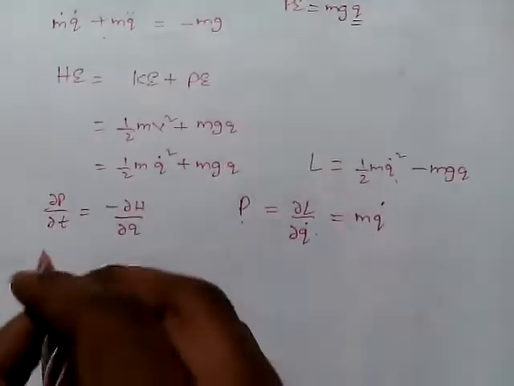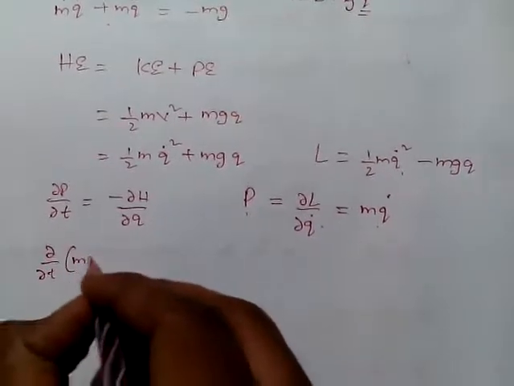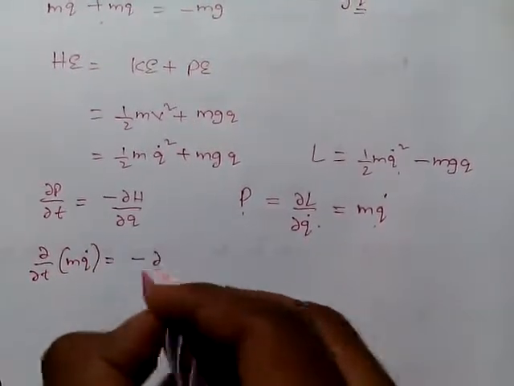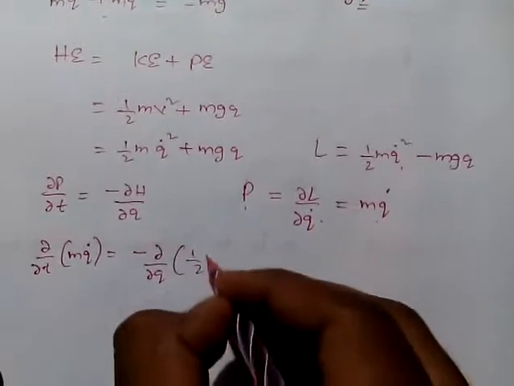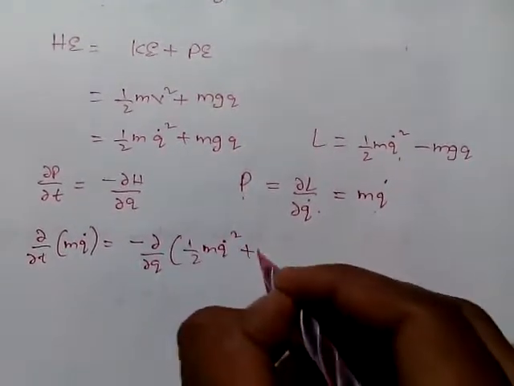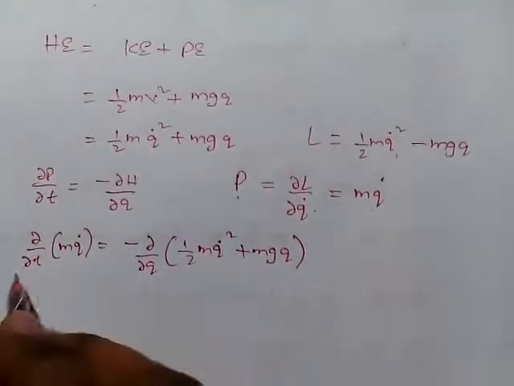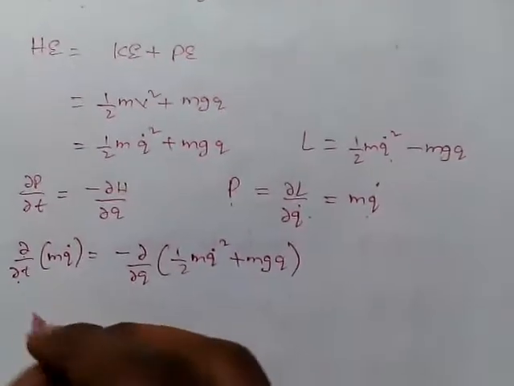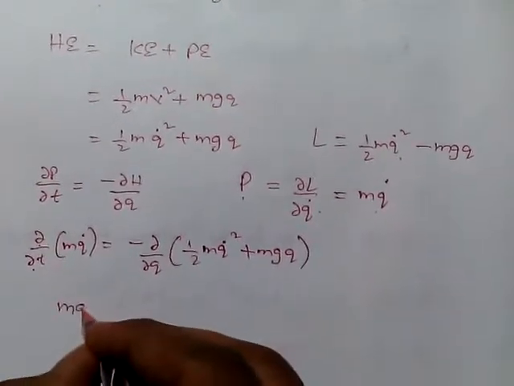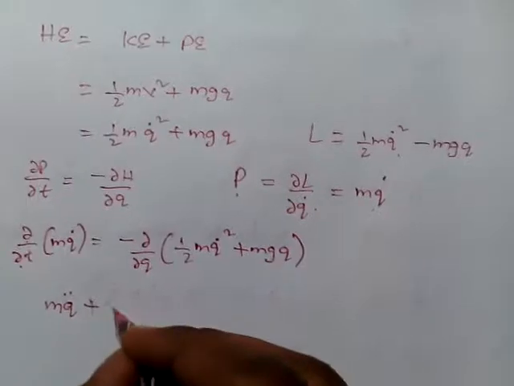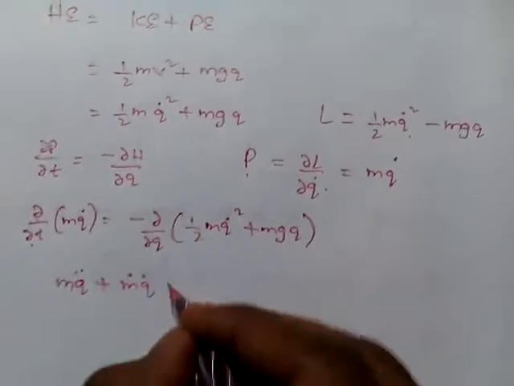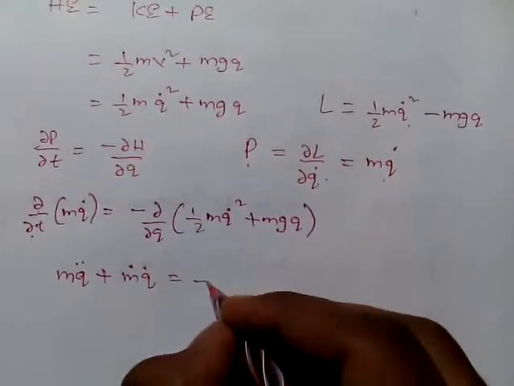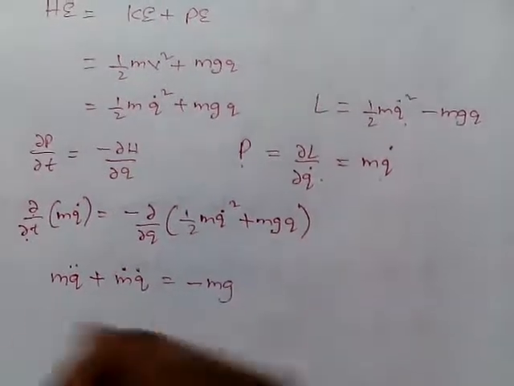By substituting p here, dou by dou t of m q dot is equal to minus dou by dou q of (half m q dot square plus mgq). So d by dt of m q dot is equal to m q double dot plus m dot q dot is equal to minus mg.